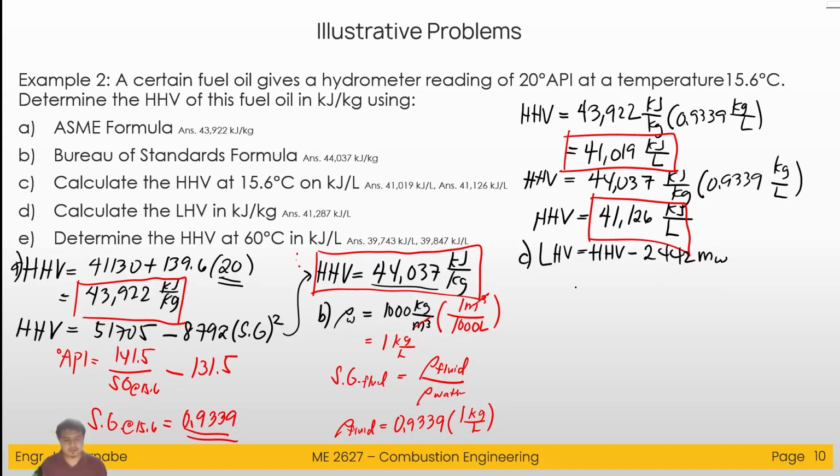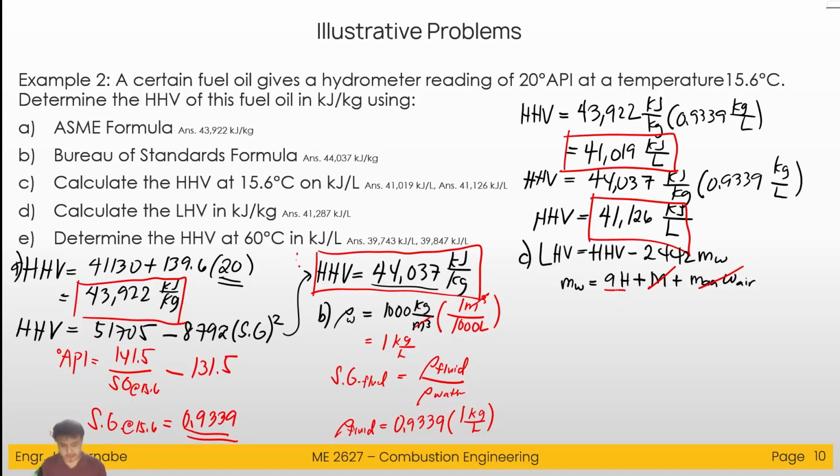To find the mass of water vapor, that is 9H plus M plus air-fuel ratio times the specific humidity of air. So we can cancel this out since the study said that we have moist air and you don't have inherent moisture in the liquid. So we just have this.